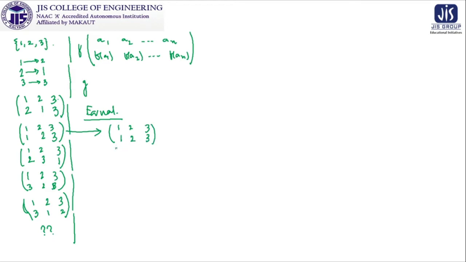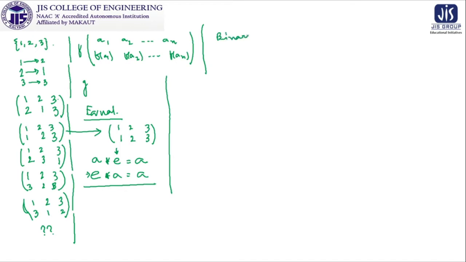It is from the constructional point of view, but it is not the point of view of our group theory, because in group theory we have to take A composition E is equal to A, and E composition A is equal to A; if so, then only we can state that this E is the identity element. So here if you take 1, 2, 3 and if you want to claim it is the identity element, the first question that will be raised is: what is your operator? What is the binary operation you are considering?